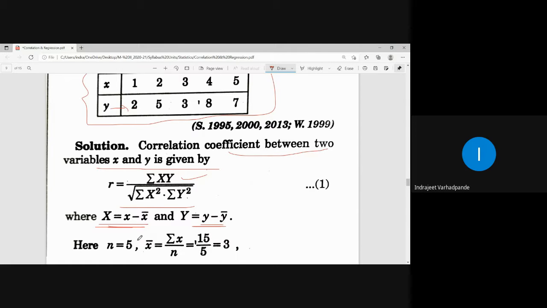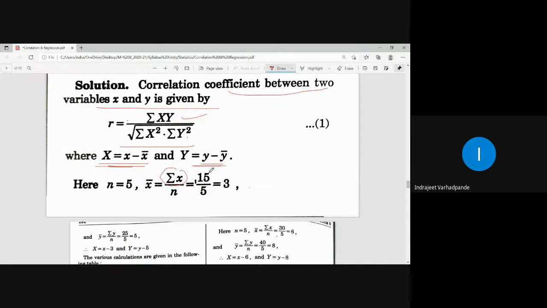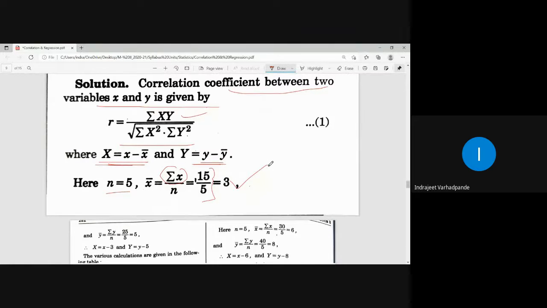So how do we calculate the mean? Mean x bar is summation x upon n. What is the number of observations here? n is equal to 5. Add 1 plus 2 plus 3 plus 4 plus 5, which gives 15 by 5, so x bar is equal to 3.